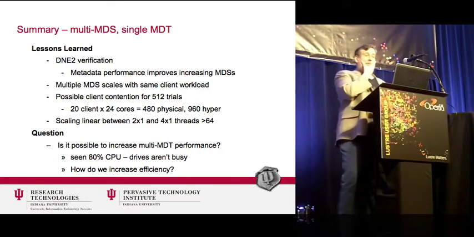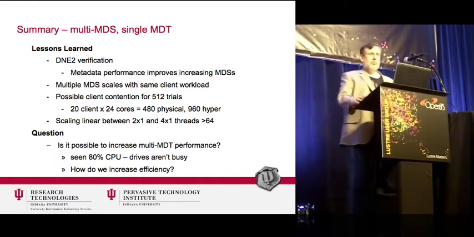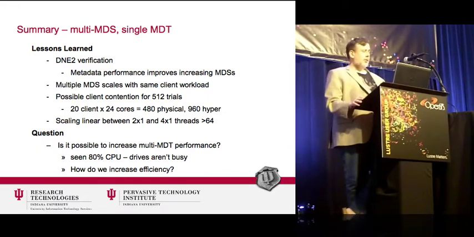So, can we get multi-MDT performance higher? Can we get above 80% CPU? We can see that the drives aren't crazy busy, so would it be possible to increase efficiency? These are open questions. Certainly I don't have solutions.